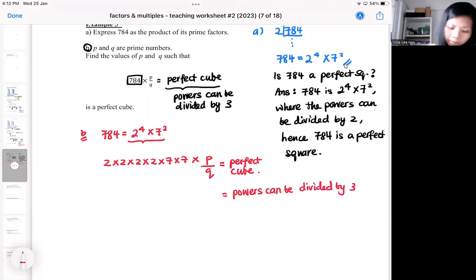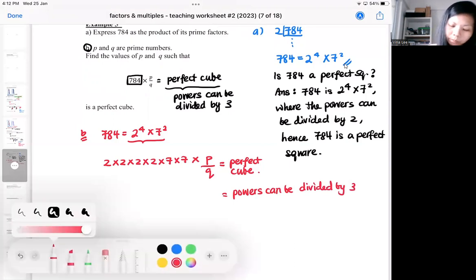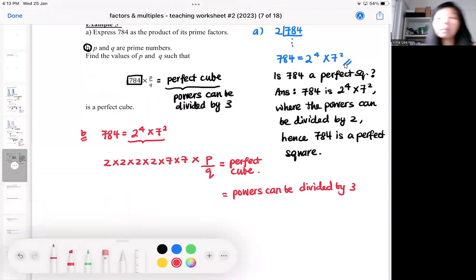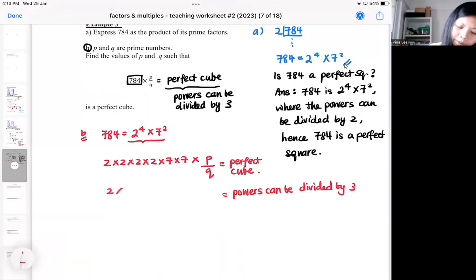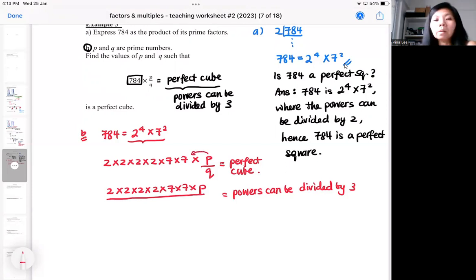Okay, I'm going to show you. When we multiply by a fraction, it actually becomes like that. The numerator will follow all the numbers.